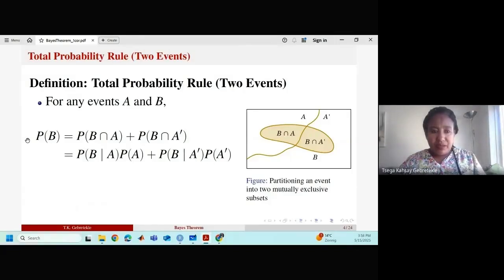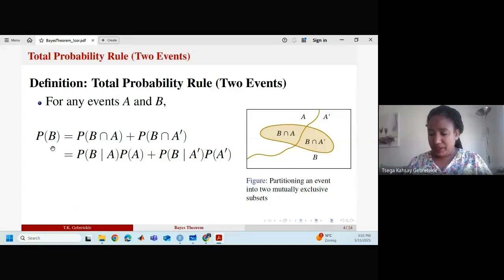From the total probability rule for two events, the probability of B will be the probability of B given A times the probability of A plus the probability of B given A complement times the probability of A complement.